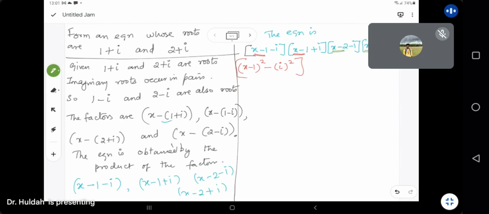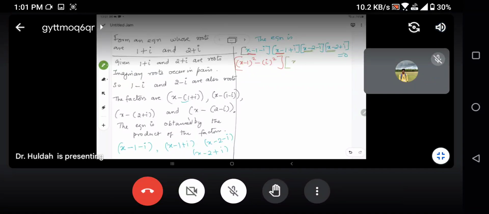Again, (A plus B) into (A minus B) formula. A squared minus B squared, B is again i here, equal to 0. I've used the formula (A plus B) into (A minus B). If you're familiar with (A plus iB) into (A minus iB) also, you can use. (A plus iB) into (A minus iB) is A squared plus B squared. Okay, please write the formula correctly. Don't mess up with the signs.